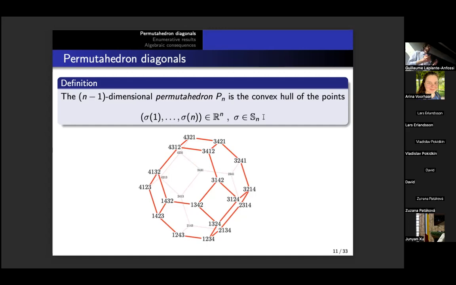So what you do is you take the permutations of 1 to n, and you interpret them as actual coordinates in R^n, and then you take the convex hull of these points, and it so happens that you get a polytope which looks like this one. This is a 3-dimensional permutahedron, so it lives in R^4, but it's in a hyperplane in R^4, and so you can project it down quite easily to R^3, and you get this picture.